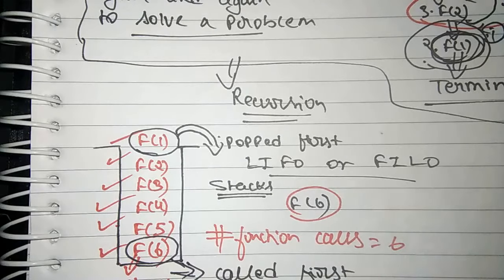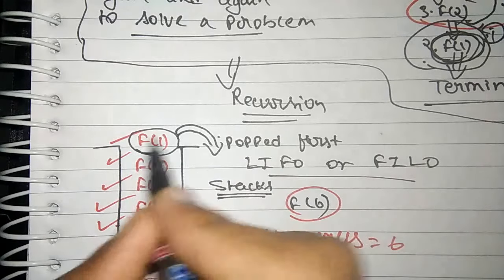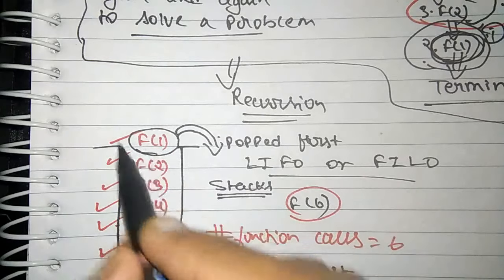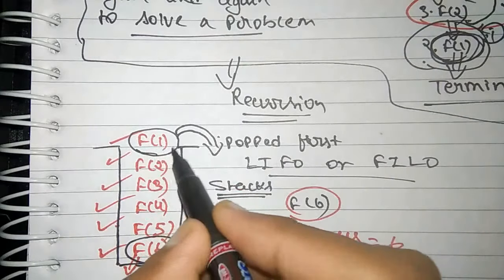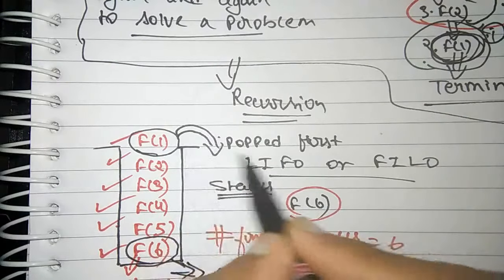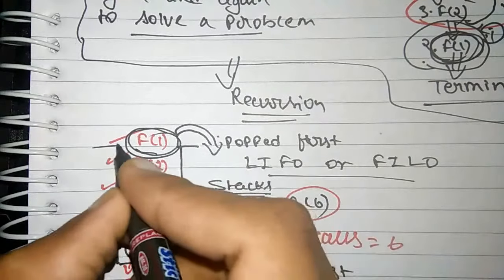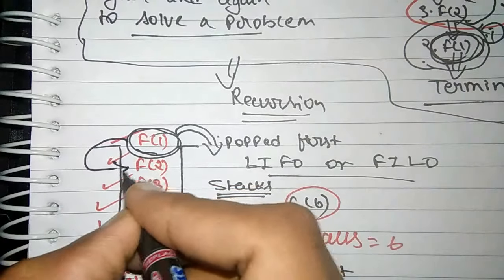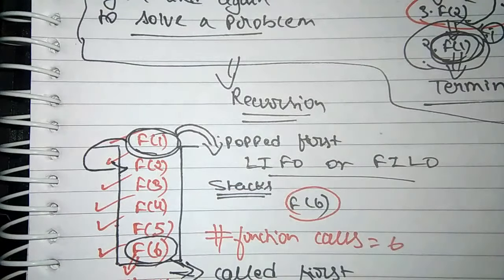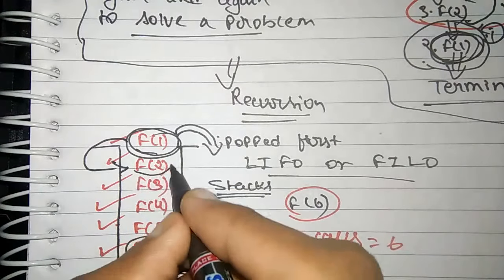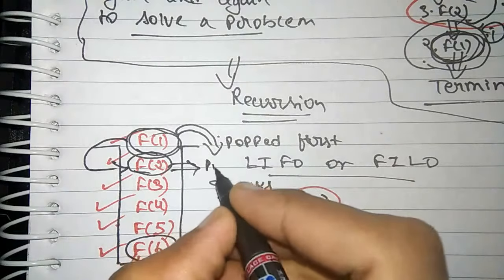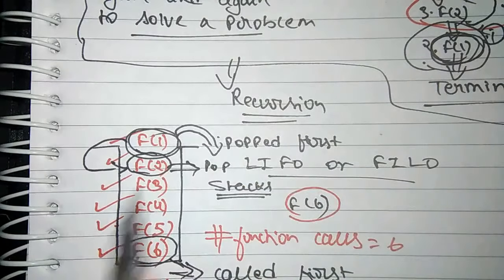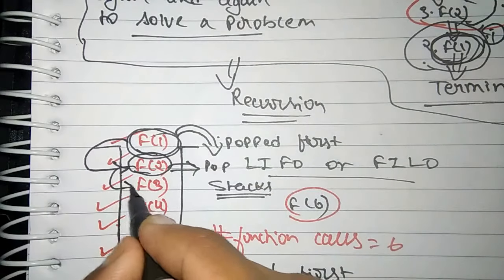As soon as f of 1 performs its execution, since it is a termination condition in our example, it will be popped out first and return the value to f of 2. As soon as f of 2 completes its execution, it will be popped out of the stack and return the value to f of 3.